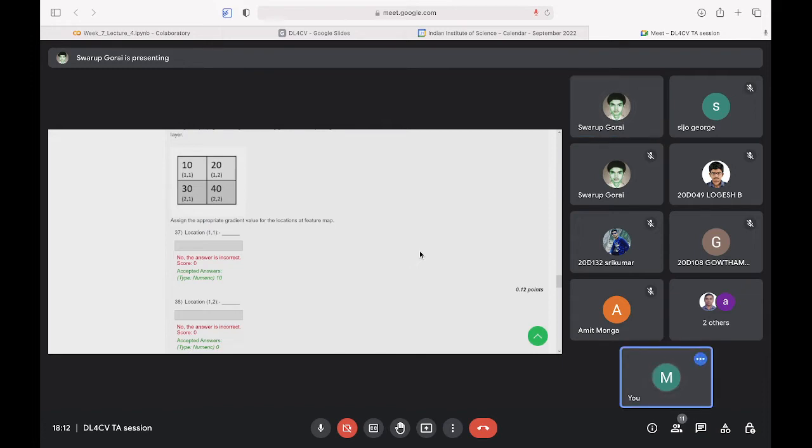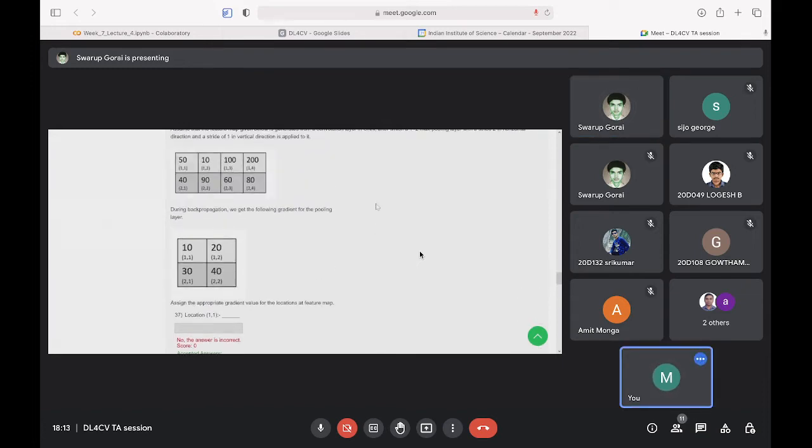So in max pool, this is a 1 cross 2 pooling. If I take the top 1 cross 2 window, that is 50 and 10, and max pool, I get 50.